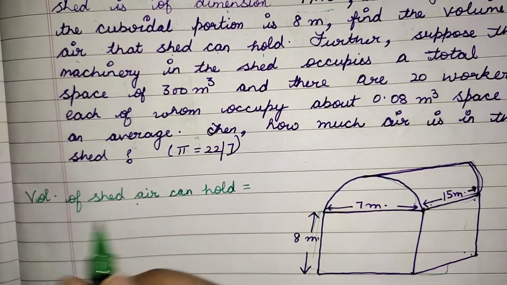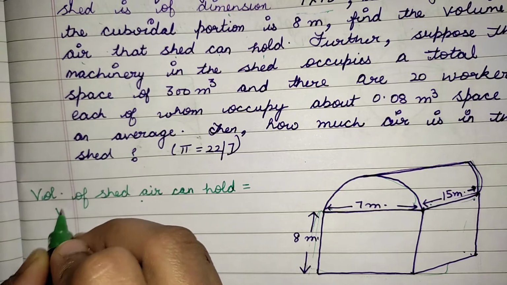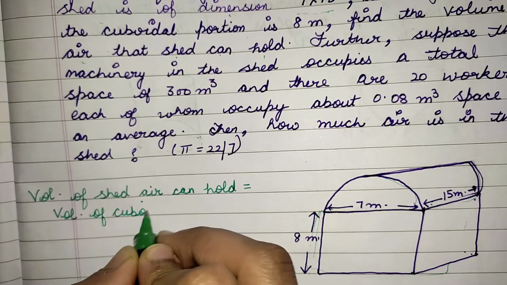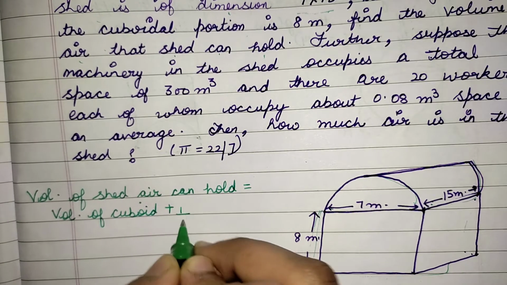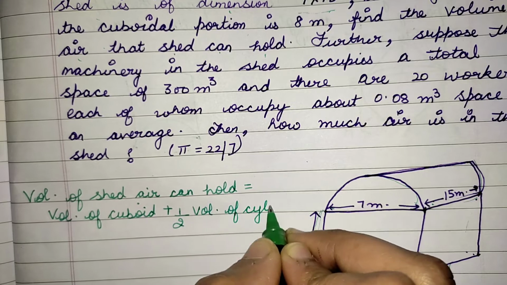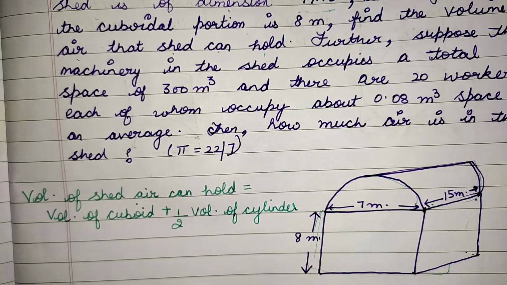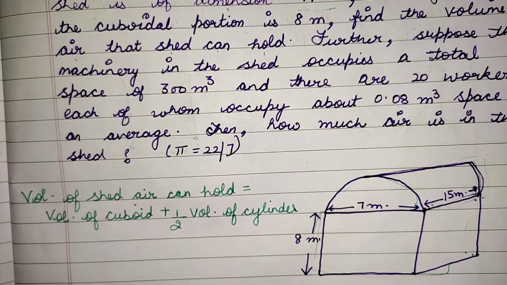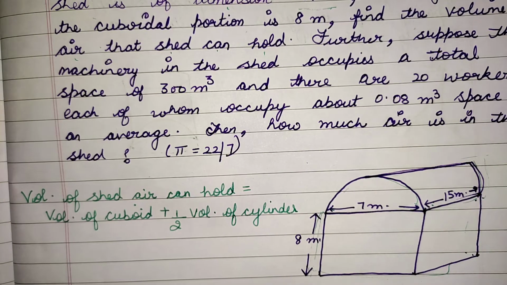So volume of the shed is given by what? Volume of the shed is given by volume of the cuboid plus half of the volume of the cylinder, because you can see that this is my cylinder, so half portion is there and the back side of half is not there.